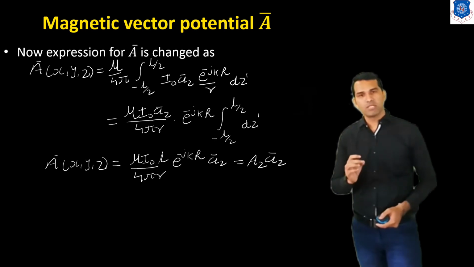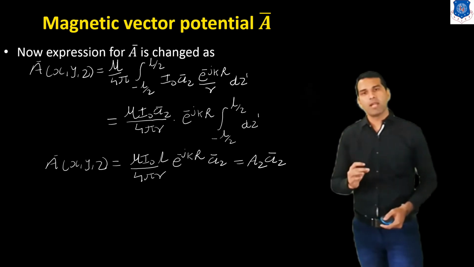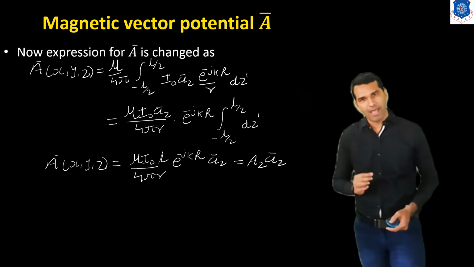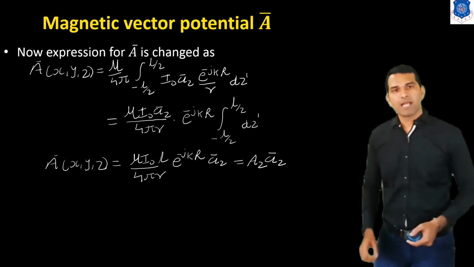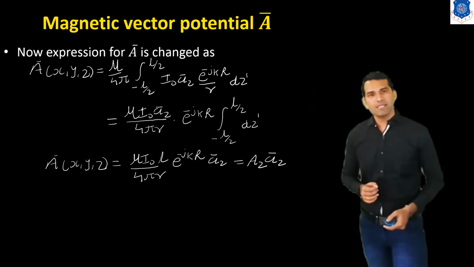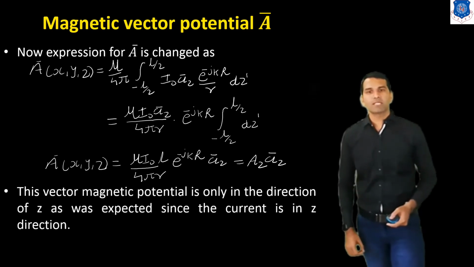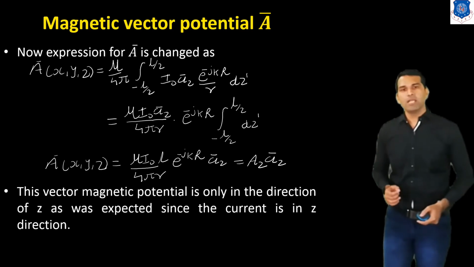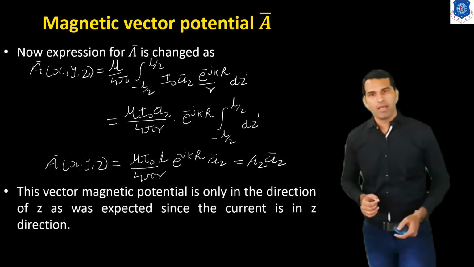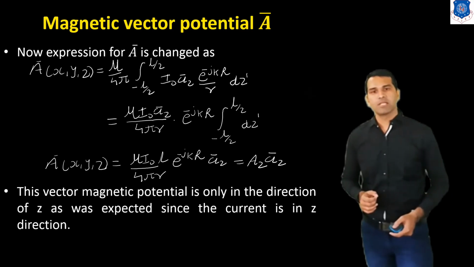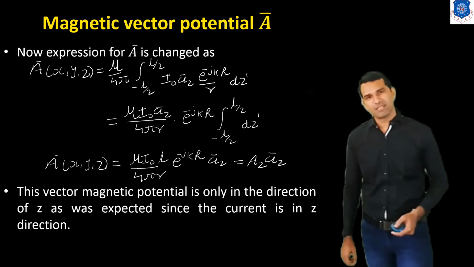When we solve this integration from minus L by 2 to L by 2, the answer is L. So we can write this as az into az bar. This vector magnetic potential is only in the direction of z, as was expected since the current is in the z direction.